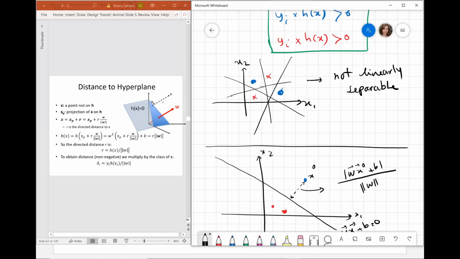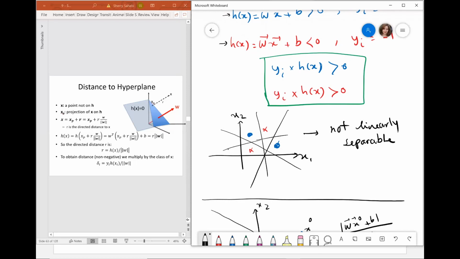Also, we have learned from here that if we multiply the label for any point with the h of that point, we are always going to get a positive number, no matter if the label is positive or negative, no matter where the data point is falling on.